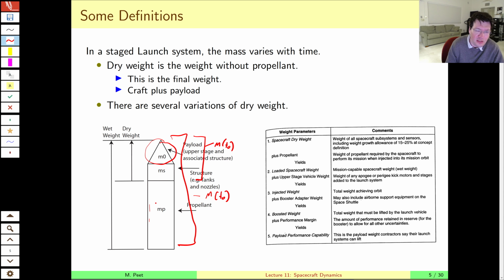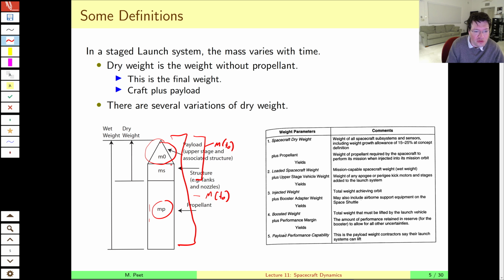I guess that assumes a liquid propellant, but once we get above the atmosphere, those upper stages, we typically talk about liquid-fueled rockets, and hence the term wet weight. The wet weight is the weight with the propellant, and the dry weight is what's left once all the propellant has been expended.